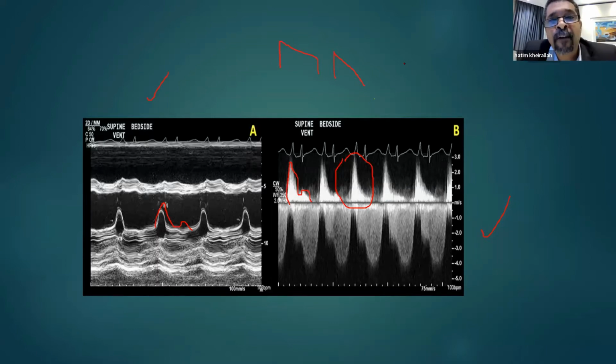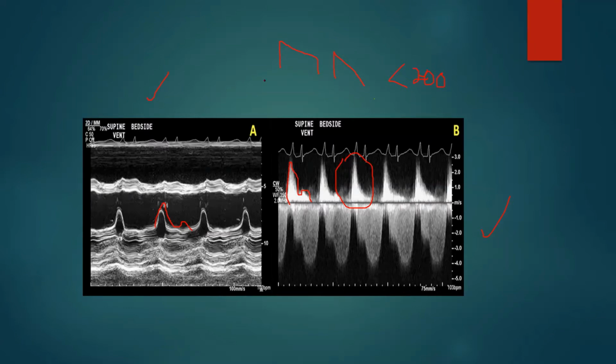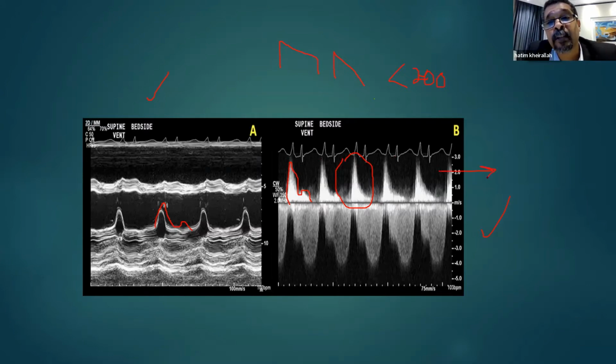So the pressure half time, if it's lower than 200 milliseconds, indicates what? High LVEDP, and that means either severe acute or chronic decompensated AR. Okay, but this one here, as I told you, is the mitral inflow. And again, it shows a sign of severity, which is what?